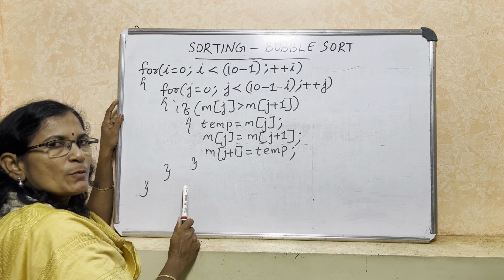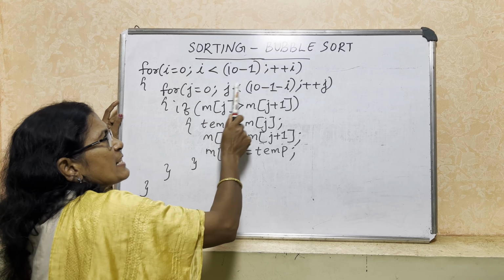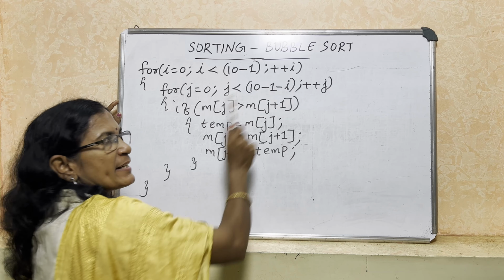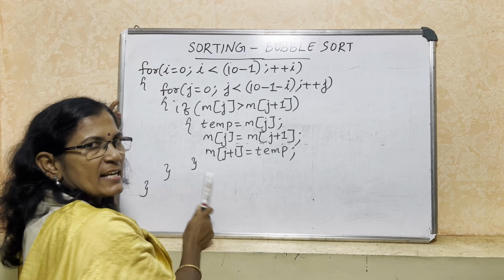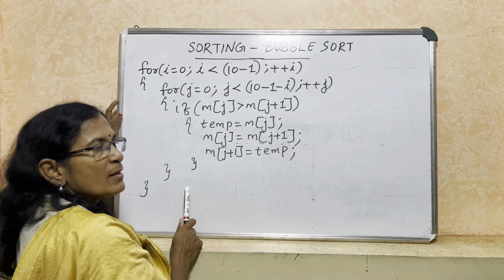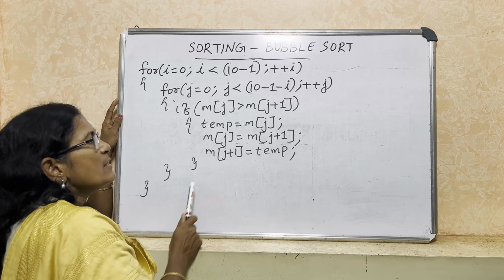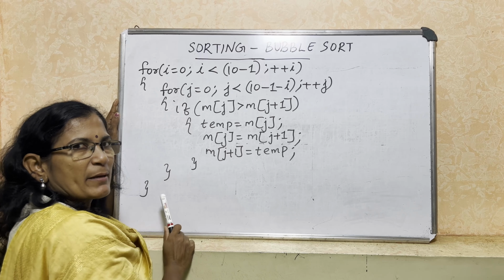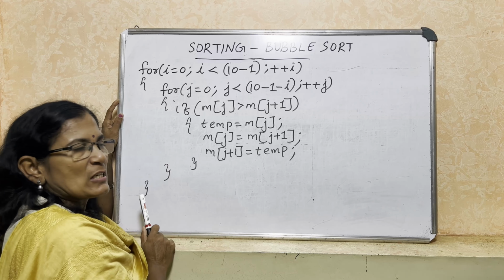The inner loop should be set in such a way that j is equal to 0, j less than n minus 1 minus i. 10 minus 1 is 9, so 9 minus i, j plus plus. If the first element of the array is greater than the second element, assign the first element to the temporary storage location and assign the second element to the first storage location.